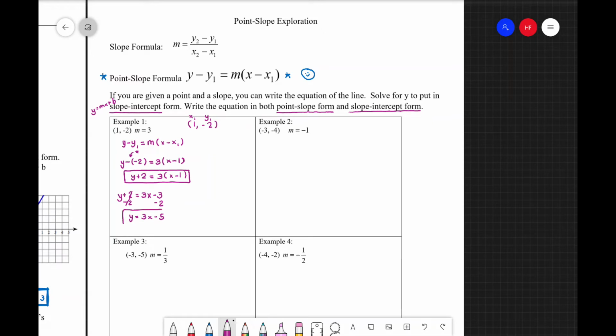And I see that it looks like y equals mx plus b. Everything's away from y, so that is my slope-intercept form. So if you're given a point and the slope, then you can easily find your line equation in slope-intercept form by solving for y from point slope. So this is point slope, and this is slope-intercept.